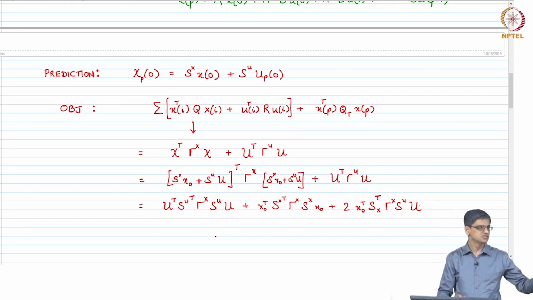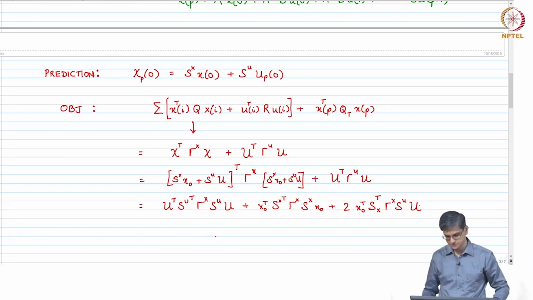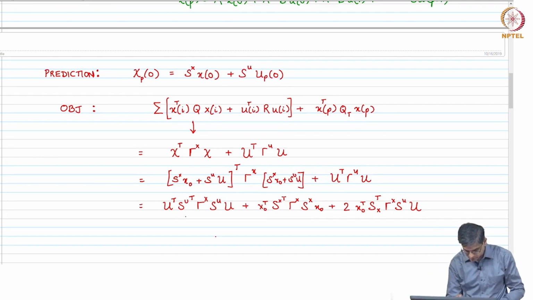It's just A plus B multiplied by Q multiplied by A plus B. So that's going to be A Q A, B Q B, 2 times A Q B, that's what it is. Okay. This is our Hessian.